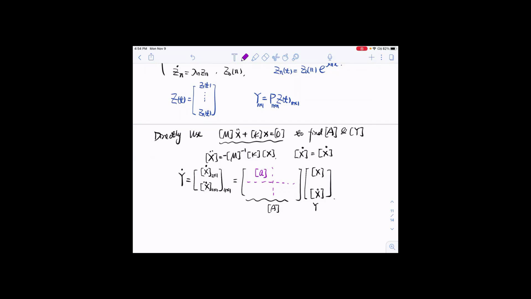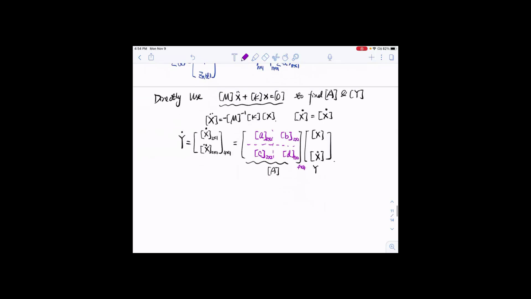Let's name them A, B, C, and D matrix, each 2 by 2, so in total your matrix is 4 by 4. Because these are 2 by 1, this equation can be written as x dot equals A x plus B x dot. The second one is x double dot equals C x plus D x dot, right?